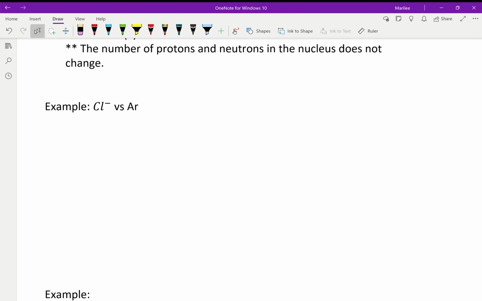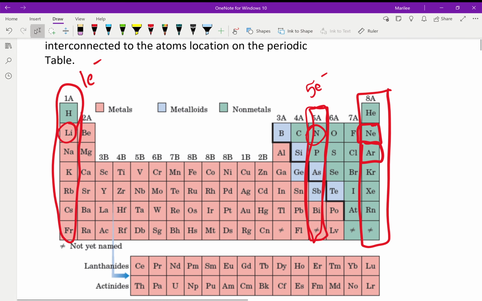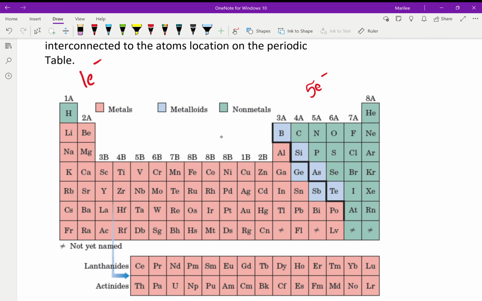If we look on our periodic table, we have Cl minus, we have Cl here, but our example is saying Cl minus, which means that the Cl has one additional electron.